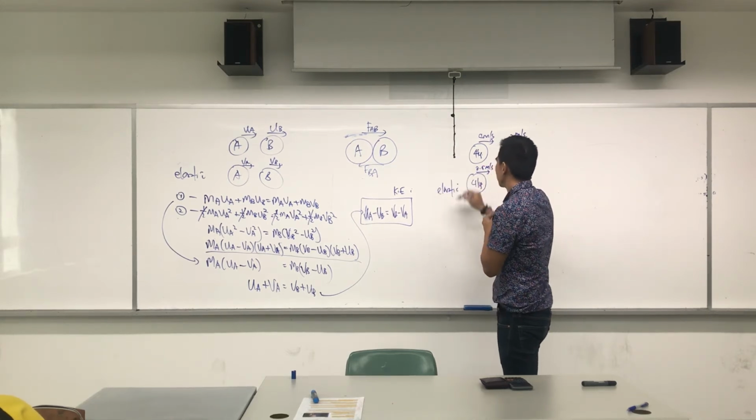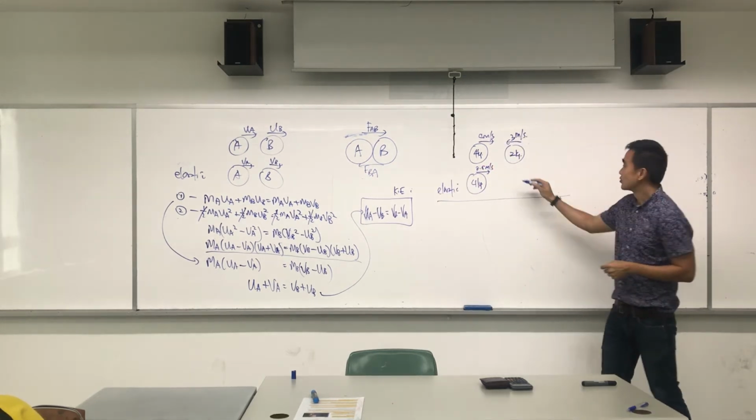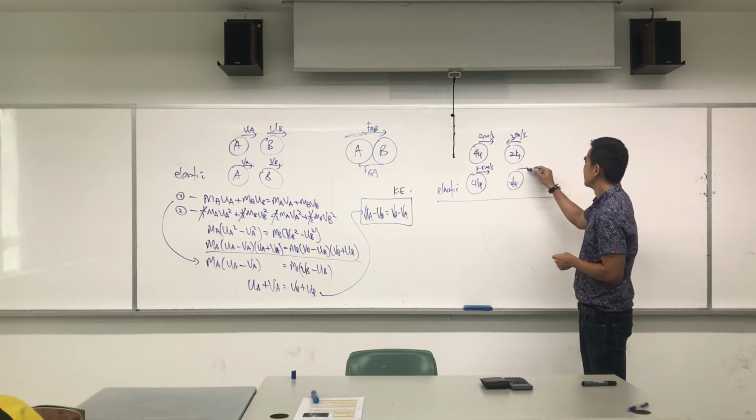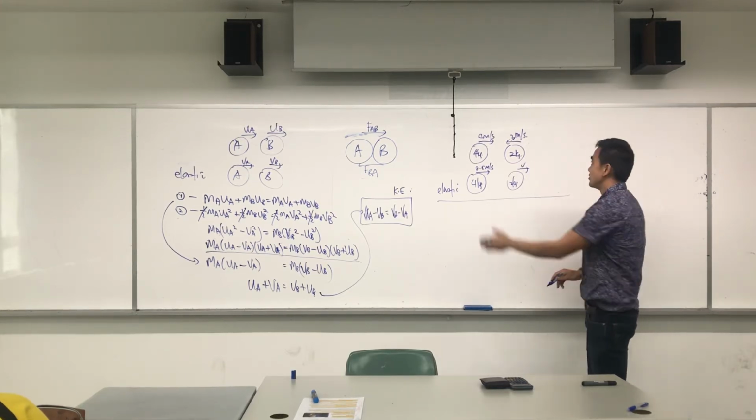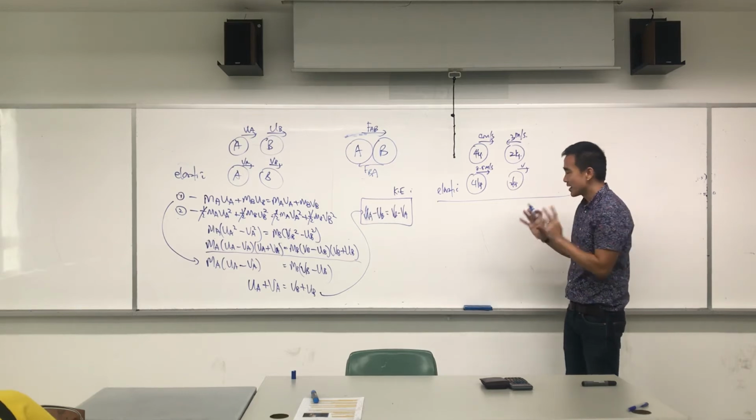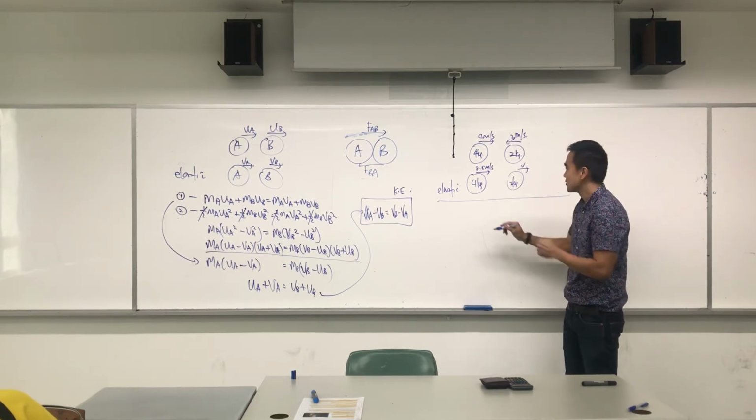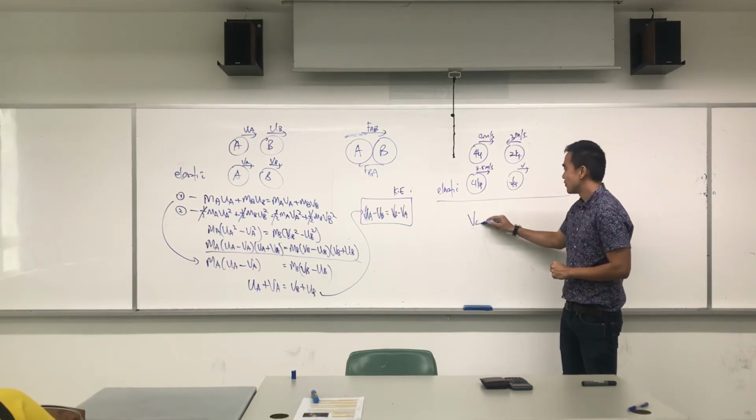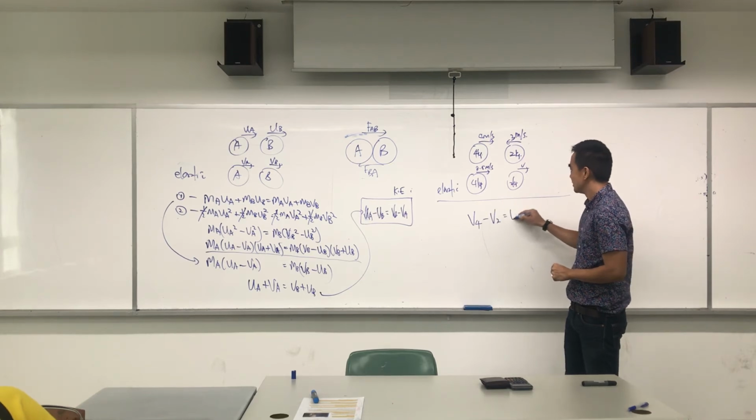If it is elastic, how will you do this question now? I'm very cautious, you look at how I solve this. I will write V4 minus V2 equals U2 minus U4.